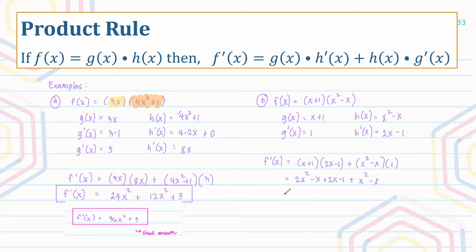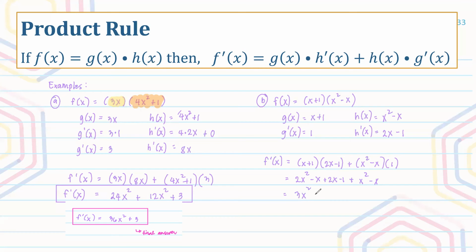Okay, this time you combine like terms. So I have here 2x squared plus x squared. This is 3x squared. And then negative x plus 2x minus x is just 0, minus 1. Again, let's write it. We have here negative x plus 2x. That's x, minus x, so this is just 0.